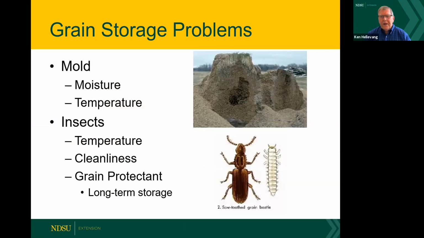When we look at grain storage, two of the main problems that we're faced with are mold growth and insects. On this visual, I have indicated that mold growth is related primarily to moisture and temperature. Insects are primarily related to temperature, and then the cleanliness around the storage environment.